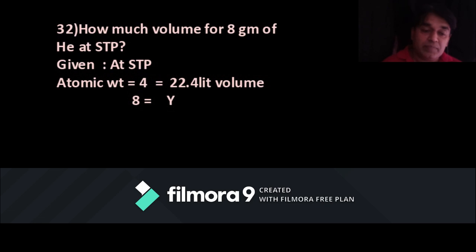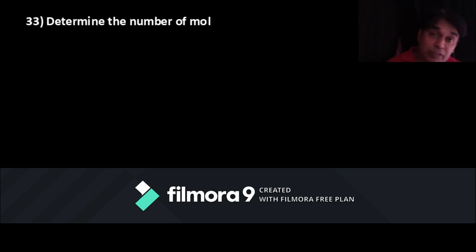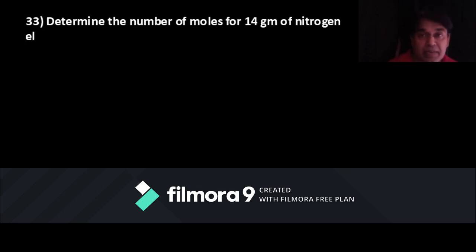The next one: determine the number of moles for 14 grams of the element nitrogen. The nitrogen molecule is a major constituent of air. Therefore, for an element we use atom as the suffix, and for a compound we use molecule as the suffix. The atomic weight of nitrogen is 7, that is equal to 1 mole.